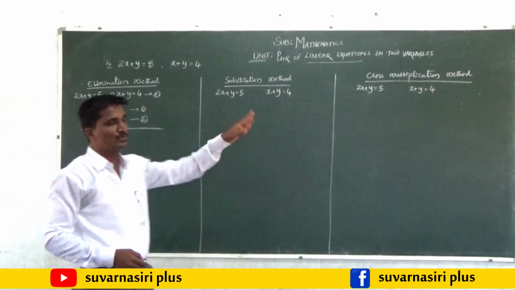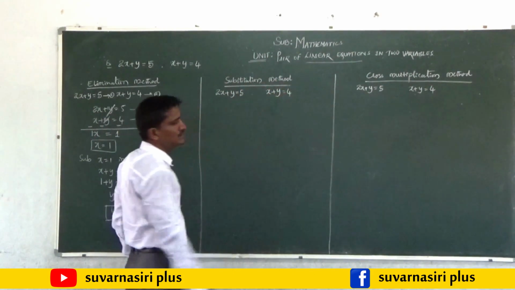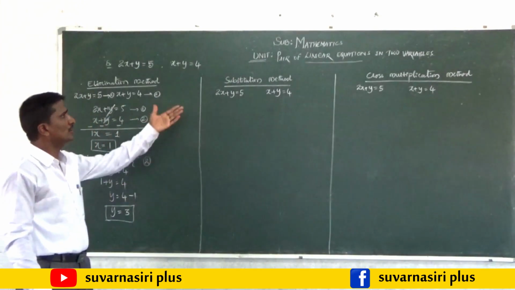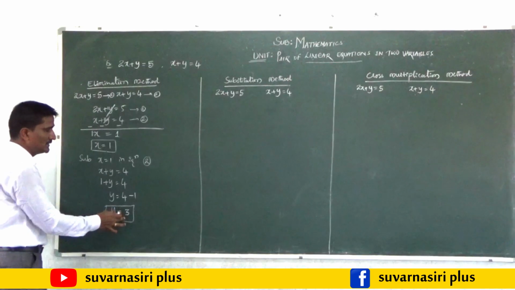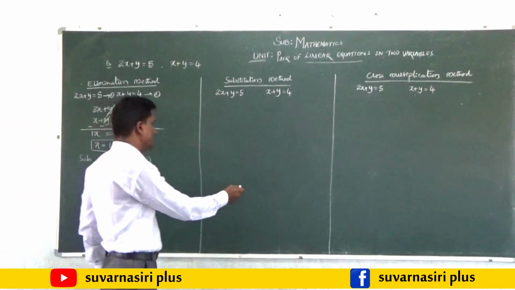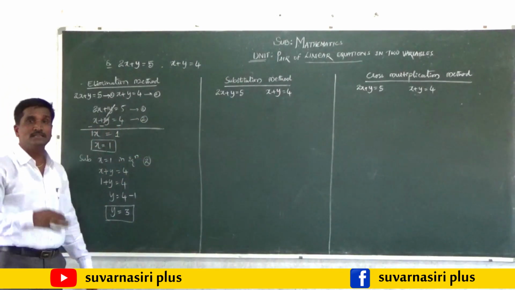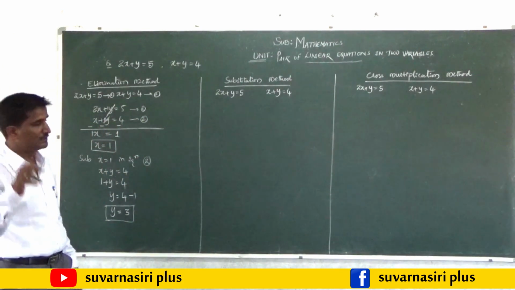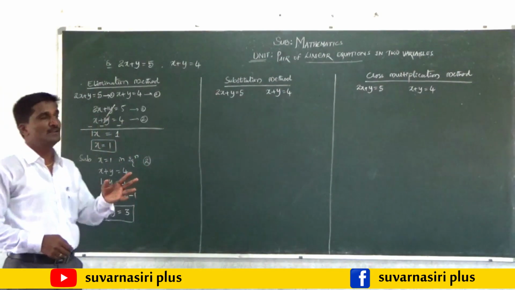We will show the remaining two methods also. The second method is the substitution method. The same problem, the answer is here. X is equal to 1, y is equal to 3. Here also x is equal to 1, y equal to 3. Even in the graph, the same x is equal to 1, y is equal to 3 will come.